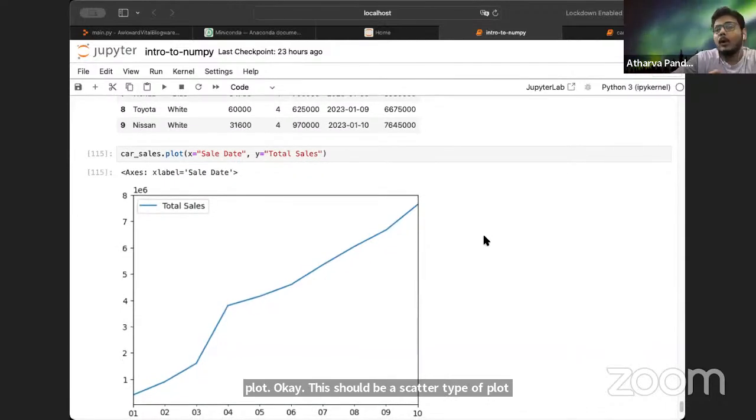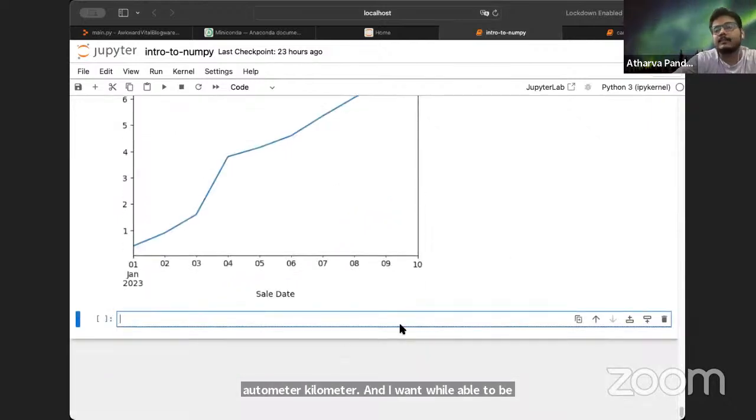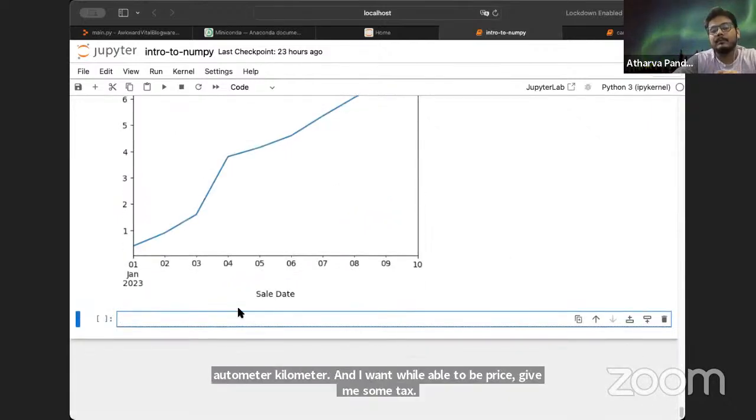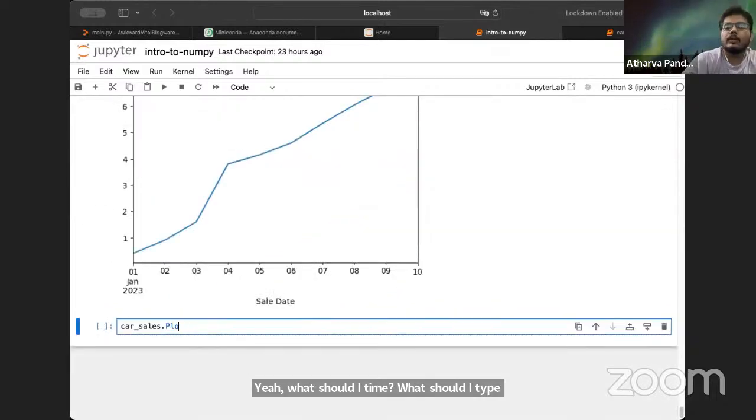And I want X label to be odometer, which is this odometer kilometer. And I want Y label to be price. Give me syntax. Here, what should I type?